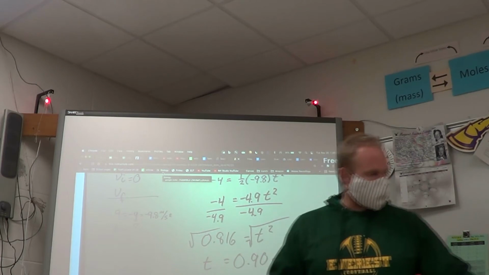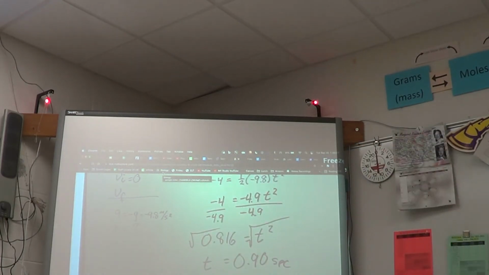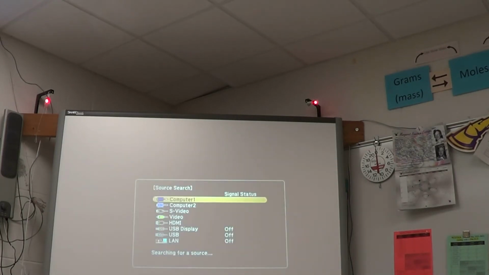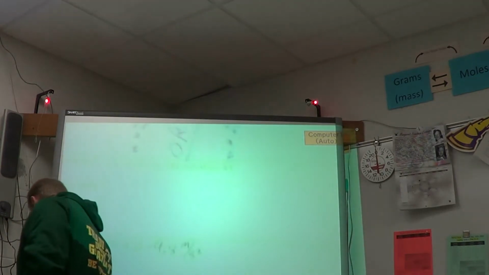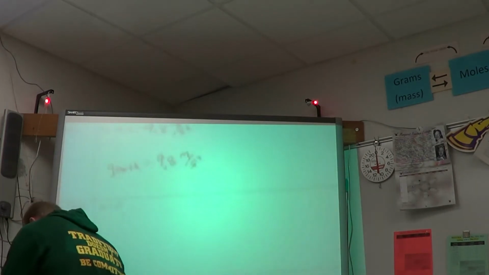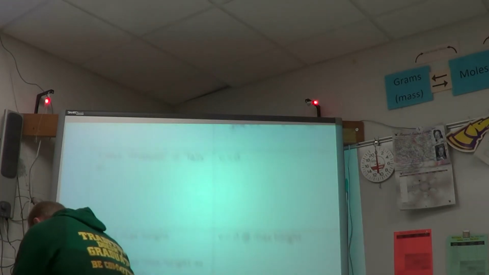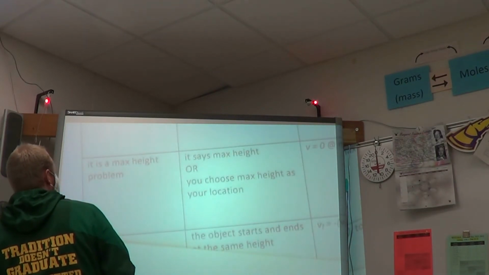Because at maximum height, I know something to be true. At maximum height, I know the velocity of that object is 0. So the second to last thing on this list is a max height problem.